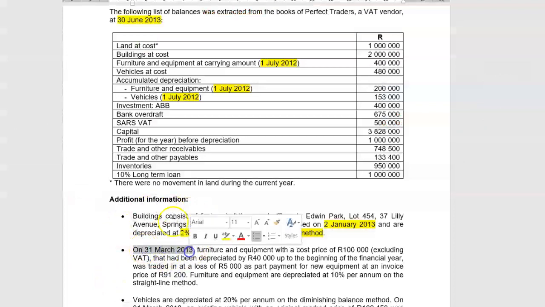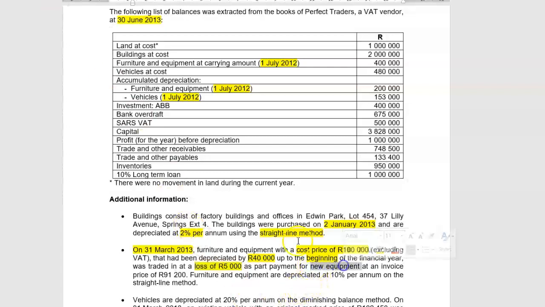On 31 March 2013, furniture and equipment with a cost price of 100,000 exclusive of VAT, that had been depreciated by 40,000 up to the beginning of the financial year, so that's our opening balance, so our carrying value of that asset was 60,000 at the beginning of the year, was traded in at a loss of 5,000 rand as part payment for new equipment with an invoice price of 91,200 rand.